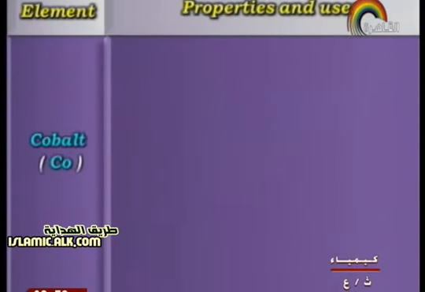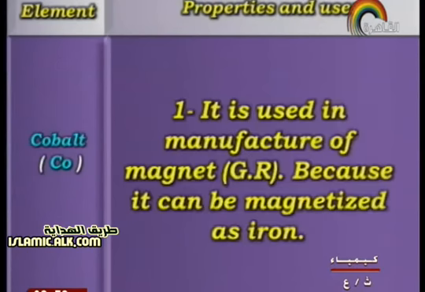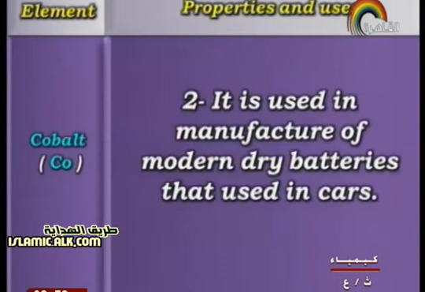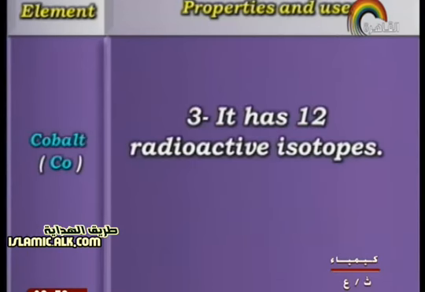Now we are going to talk about cobalt. Cobalt is used in the manufacture of magnets because it can be magnetized like iron. It is also used in the manufacture of modern dry batteries used in cars. It has 12 radioactive isotopes.